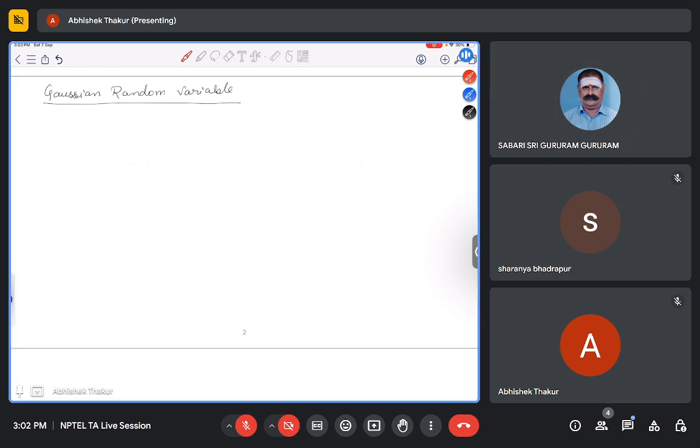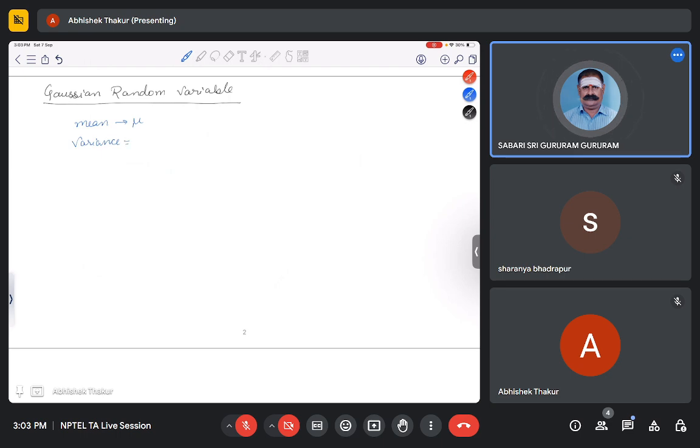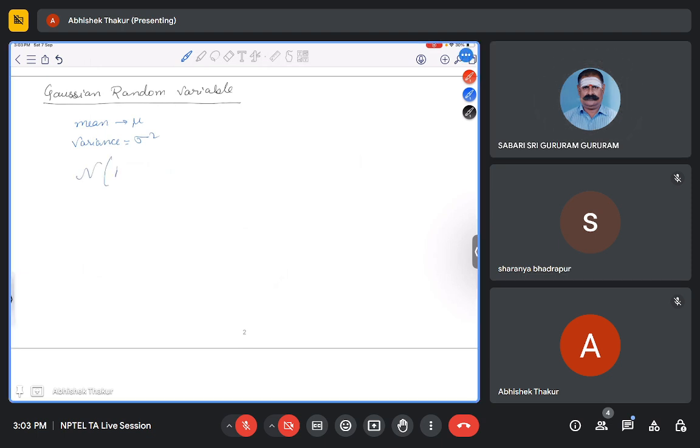A Gaussian random variable is represented as, let's suppose we say it has a mean mu and variance sigma squared. So this can be represented with this notation.